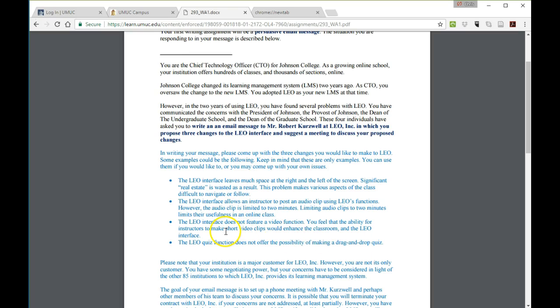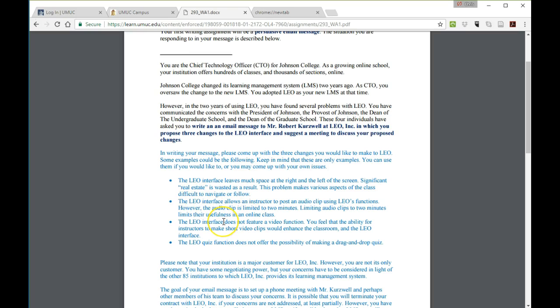The only thing I would say to that is, if I were writing this personally, I would probably introduce a problem, but I'd also state a solution, make it more positive instead of pointing out a flaw. Say these are some ways Leo can improve and help our institution, and one would be increasing the length of the video function, and also increasing the length of the audio clip.